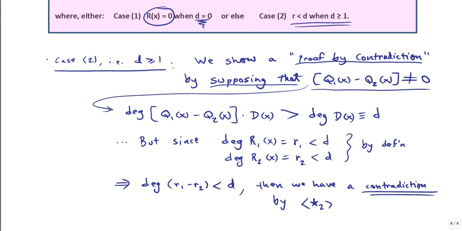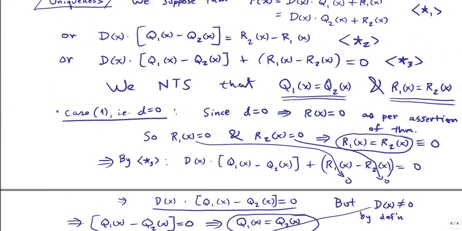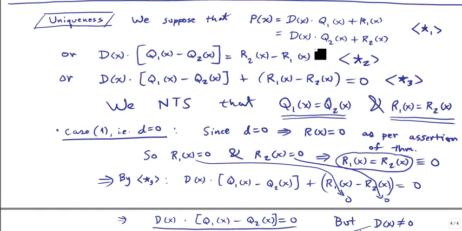That gives us a contradiction. Let's remind ourselves what star 2 says. Star 2 is the following relationship.